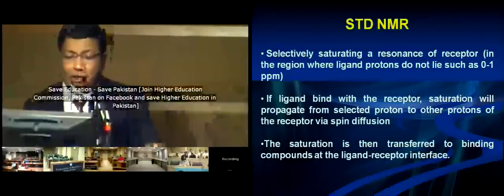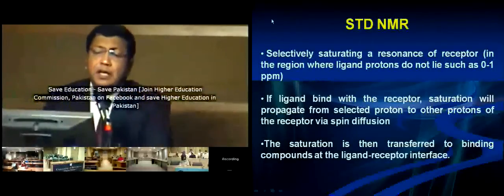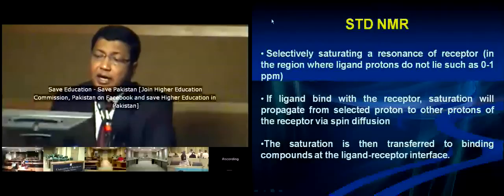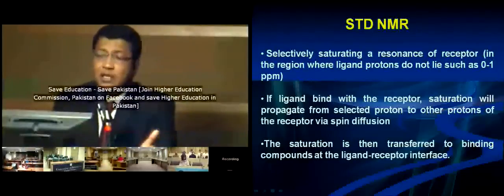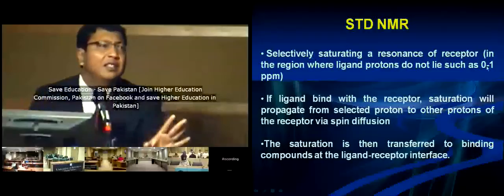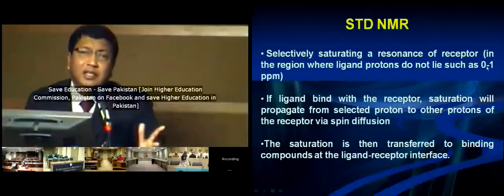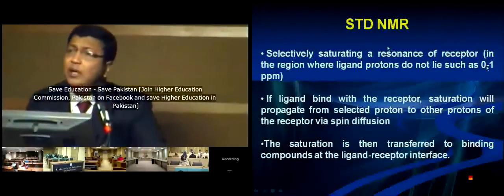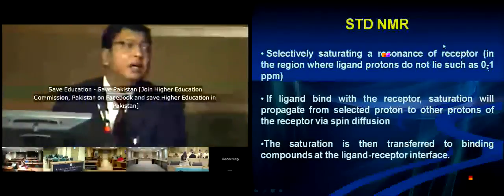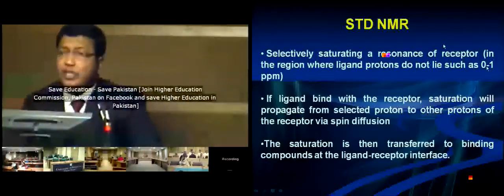Okay, so I want to take you back to the whole thing. Selectively saturating a resonance of the receptor protein in the region where ligand protons do not have any proton, such as 0 to 1, but not necessarily 0 to 1, because there are certain ligands which have protons in this region.